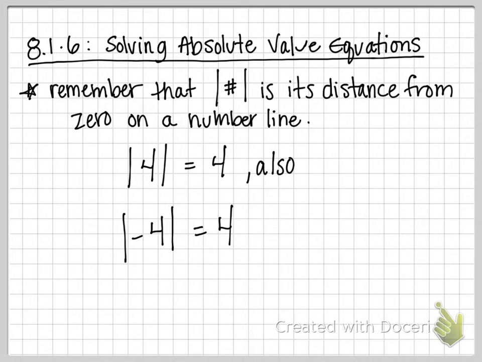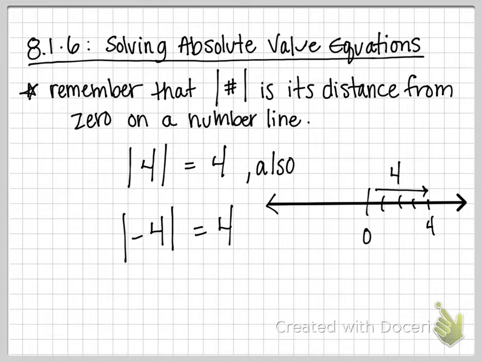So think about a number line. Let me just draw one on here real fast. If we have a number line and we have 0, 1, 2, 3, 4. How many units is this 4 from 0? 4 units. That means its absolute value is 4.